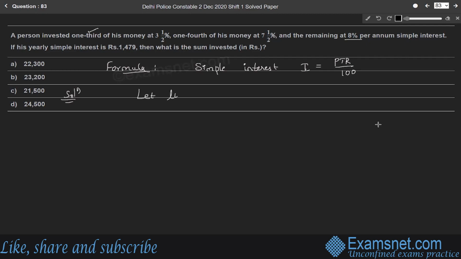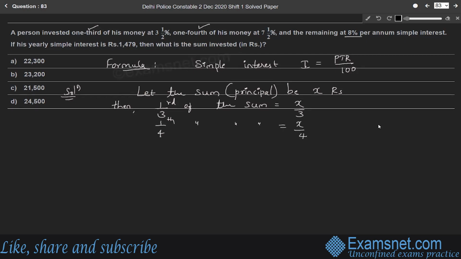Let the sum or the principal amount be X rupees, right? So then 1/3 of the sum becomes X by 3 and 1/4 of his money, that is 1/4 of the sum, becomes X by 4. Then what is the remaining amount?